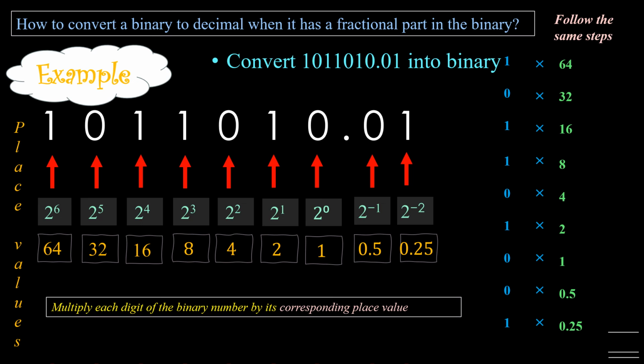That's the only thing. It's really easy. Okay, now we are going to multiply each binary digit by its corresponding place value.